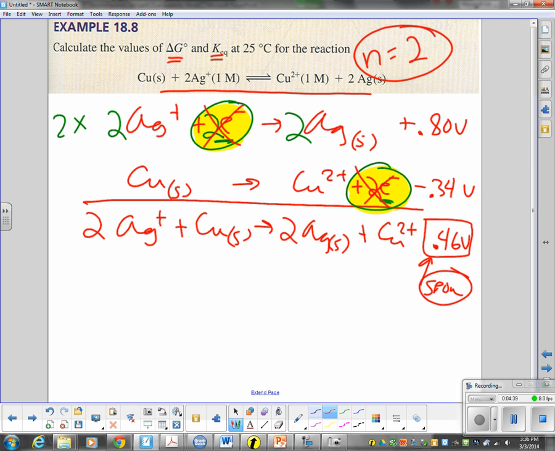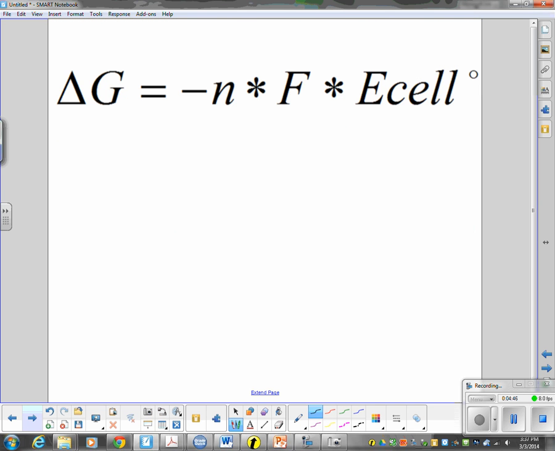But they want me to do a few more calculations, and they're easy, so I will do them really quickly. So, first one, find delta G, they said. Well, I know my N number is 2, so it's negative N times 96,500, and then my E cell value is 0.46.